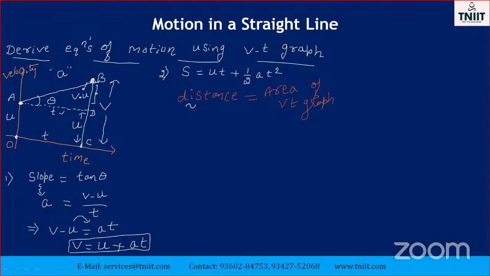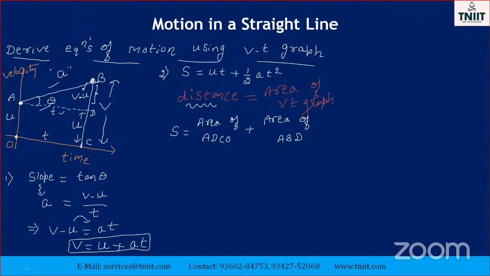You know that the distance is represented with S. How to calculate the area of this graph? In this area, first I am going to consider the area of rectangle ADCO plus we are considering the area of triangle ABD.